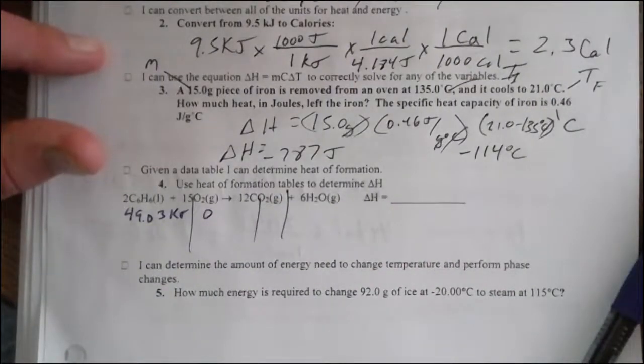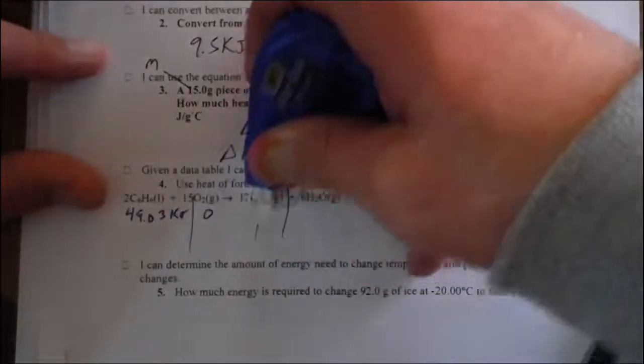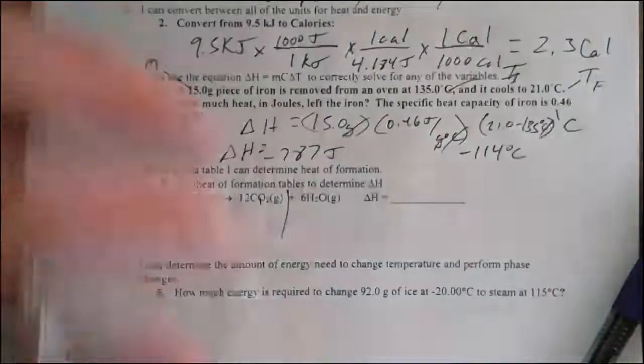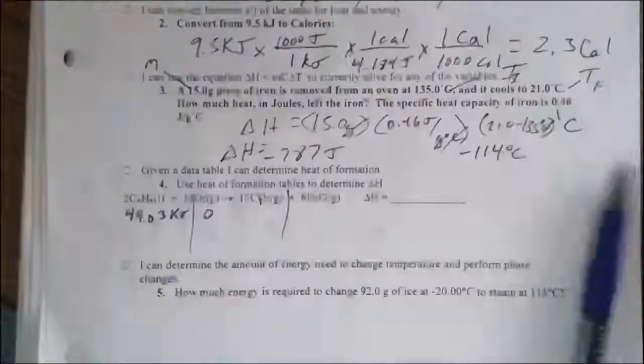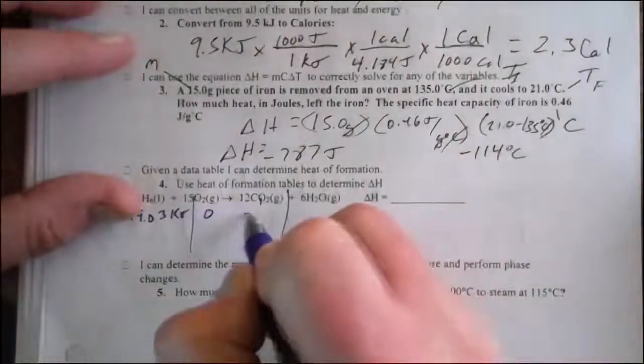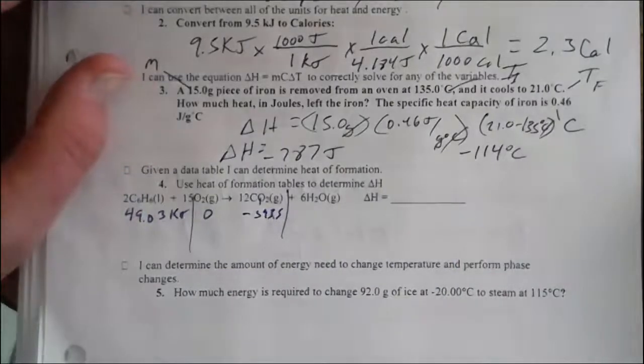How about the heat of formation for carbon dioxide in its gaseous form? All right, so we look at our heat of formation table. Negative 393.5. And how about water in its gaseous form?